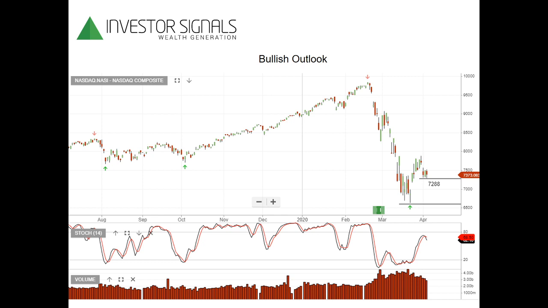So on that basis, if you're looking at the market through a more bullish perspective and looking for entry opportunities for longer term investments, you're going to be thinking about the market in the way that I've highlighted here on screen, and that is that we've had a correction, we've had a rally back up, we've had a small sell-off from that recovery rally, and you'd be looking for that 7288 level to hold within the Nasdaq.